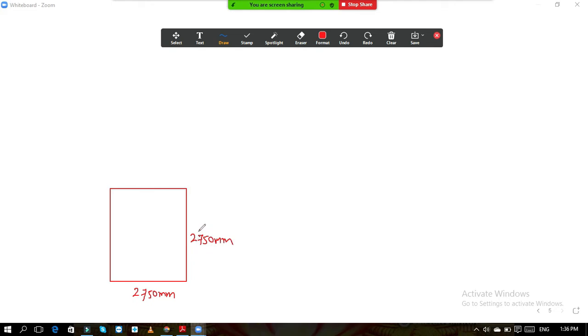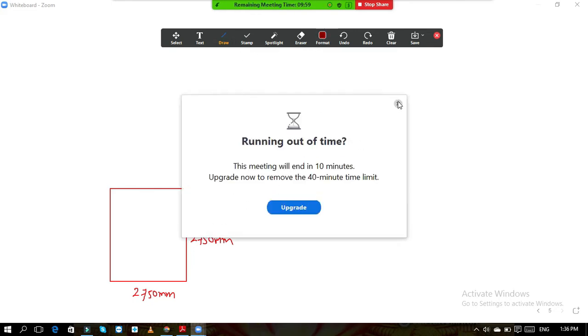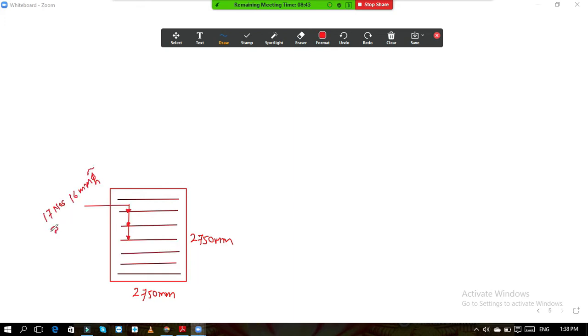So first, bars which are parallel to x direction, we will draw those bars which are parallel to x direction. So those bars are, we will leave the clear cover from both the sides, 50 mm gap. These are the bars about 160 mm center to center.